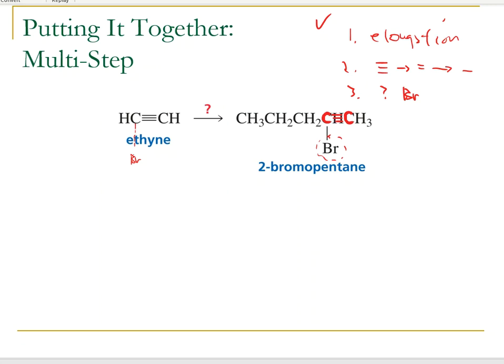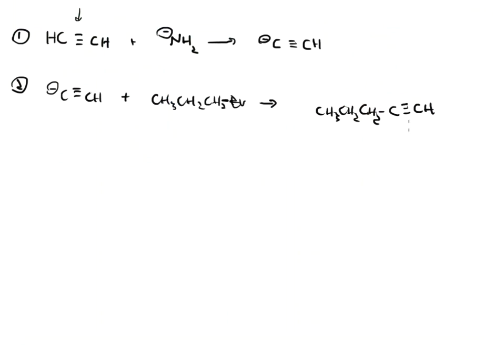Now we need to think about what happens next. I need to get rid of that triple bond, and I need to be able to put just one bromine onto this thing. So we need to incorporate another step. How do we put just one bromine onto an alkyne? Well, I can't add Br2.